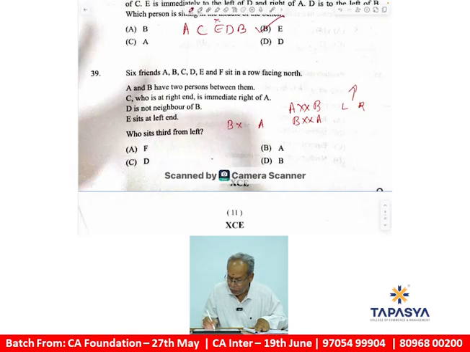Let us take two persons B and A. Right, C who is right hand, immediate right of A. So immediate right of A. D is not a neighbor of D, so therefore D I can put here. Right, I can put F here because immediate right of A. E is extreme left, so therefore the combination is EBFDAC. Now who sits from the third left? Third left only F is sitting here, you can just see it.